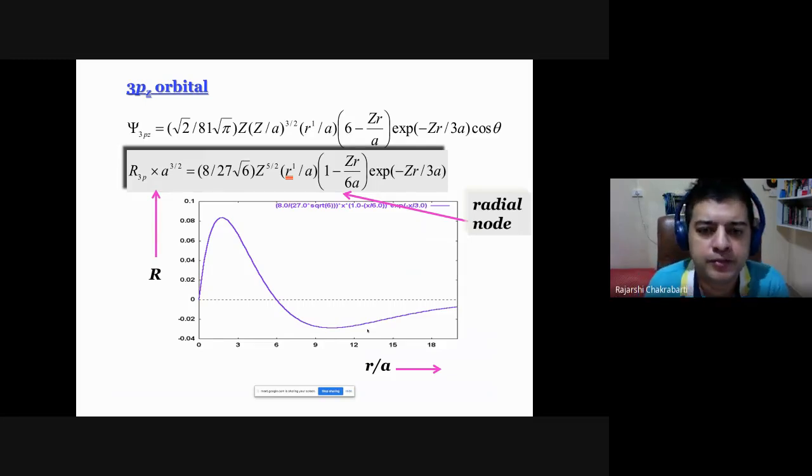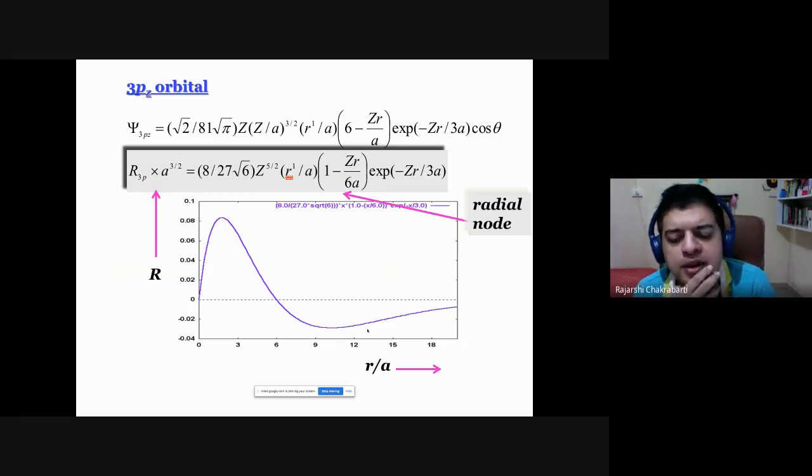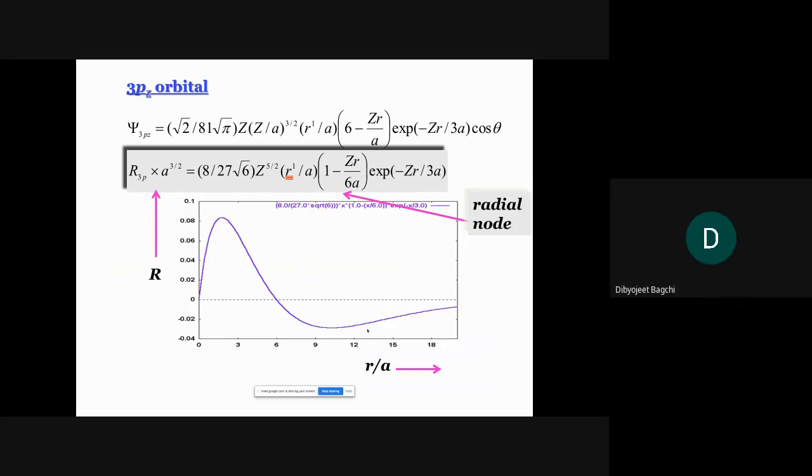What will be the contour plot? Can you tell me in words? How many nodes are there in 3pz? Two nodes are there.